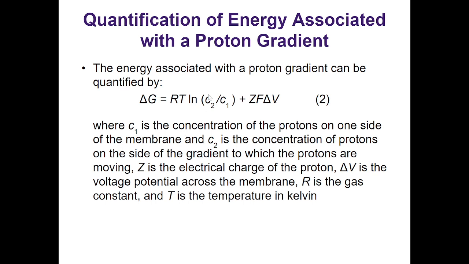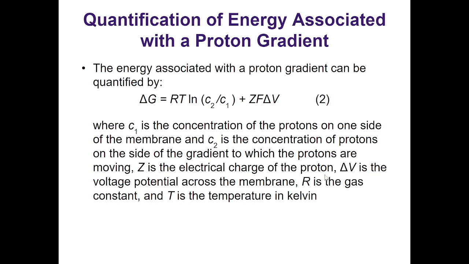So again, these are the concentrations of the protons on one side versus the other. Does it actually matter which direction you do this for? No, because this will tell you which direction it's spontaneous in. If you get a negative value, it's spontaneous in the direction you did, from to. If you get a positive value, it's the opposite direction.